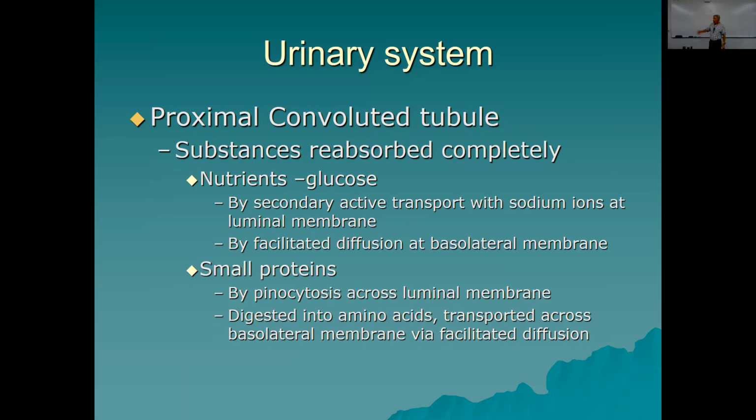So there's more on what I've talked about. Substances reabsorbed completely. Glucose by secondary active transport with sodium ions at the luminal membrane, which is the membrane that's facing the inside of the tubule, and by facilitated diffusion at the basolateral membrane, which is the bottom part of the tubular cell, which faces the interstitial fluid and the peritubular capillaries.